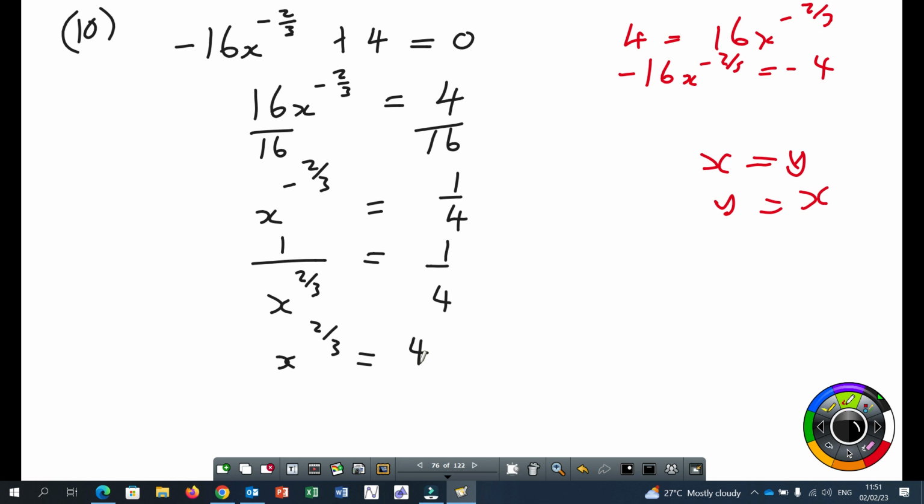Dividing both sides by 16, is that clear to you? I'm sure you remember this law: x to the power of minus n is equal to 1 over x to the power of n. So I've applied it from here, and I got this.